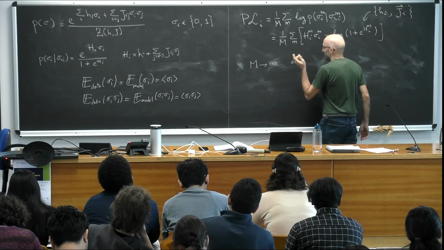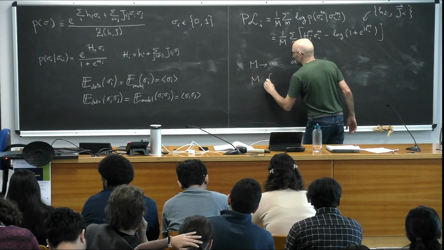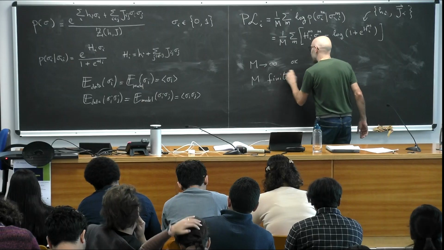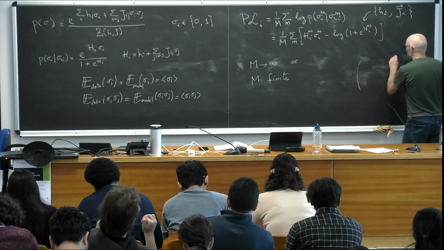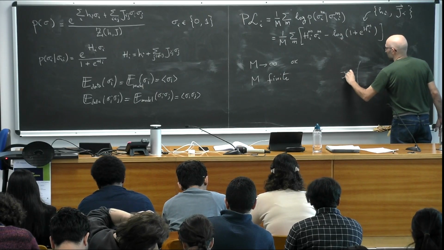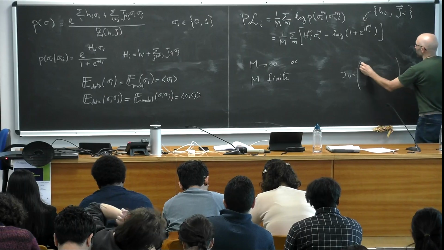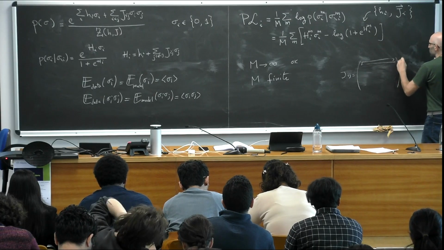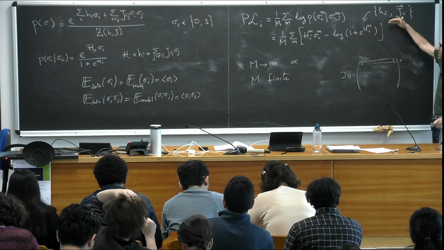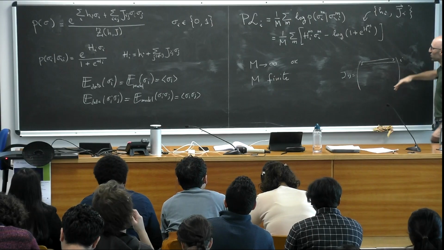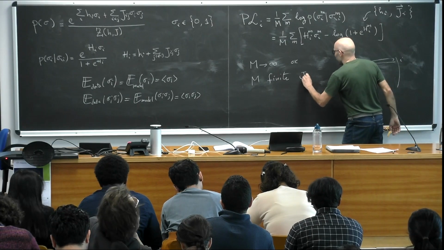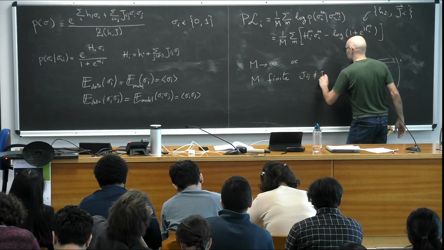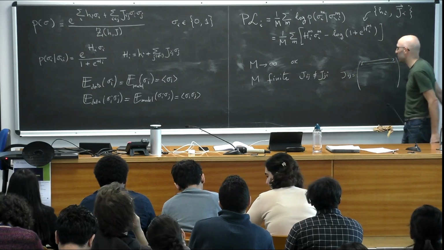but okay, in that case it's okay. But if M is finite, then the problem is that your matrix J_ij has to be symmetric. Here each row is being inferred from different data. And so in general, you will get a non-symmetric J because of noise, of the finite sampling that you have.